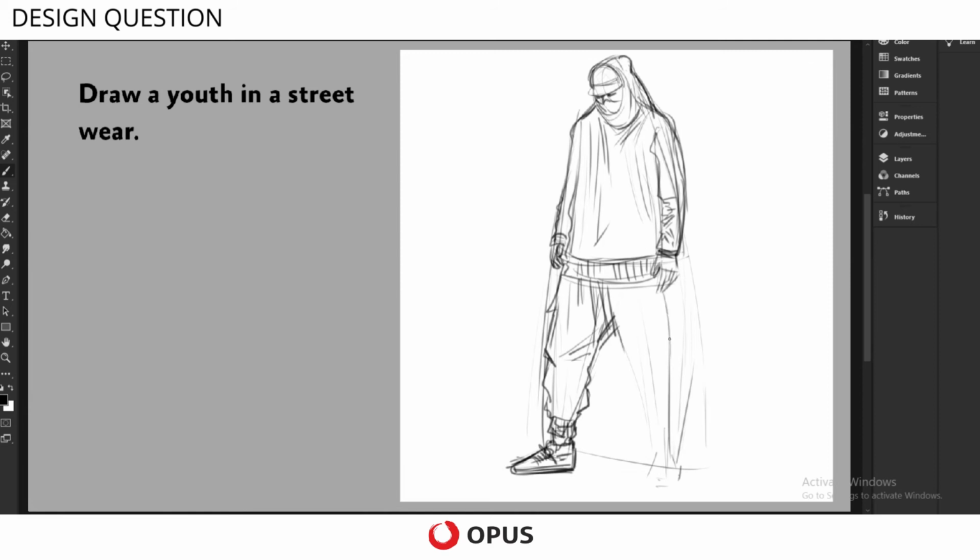Then we can go for the other part of the trouser. Here we can draw the pockets in a little bit more detail.